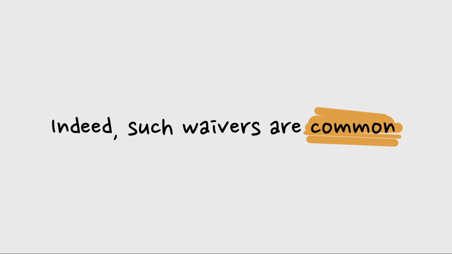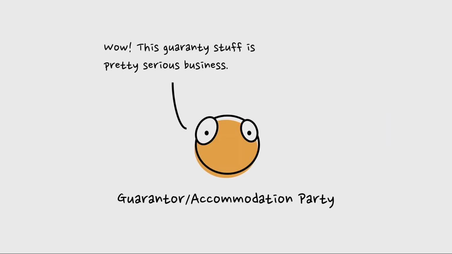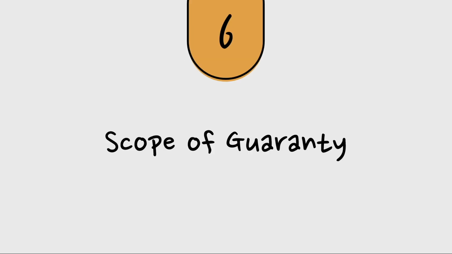So then they have to pay, period. And so as Bob notes, wow, this guarantee stuff is pretty serious business. It is, right? You want to think twice, particularly if you're signing a guarantee that is having you waive all those different protections. And then one last thing to think about is the scope of any guarantee that's being made.